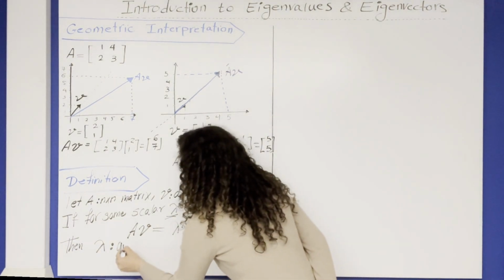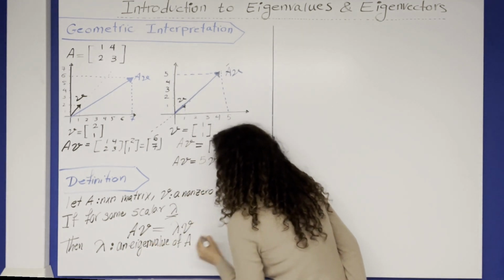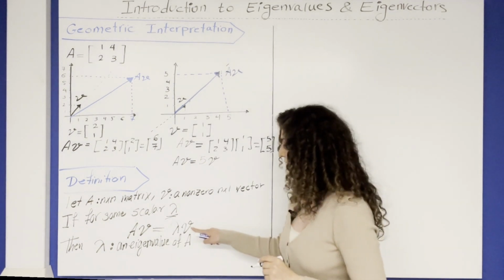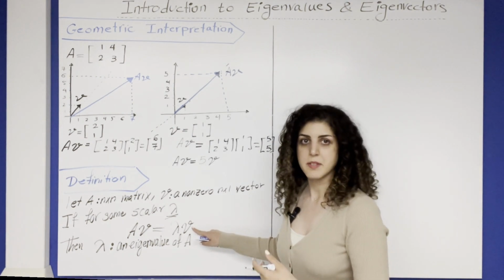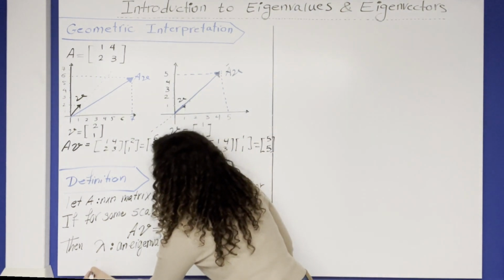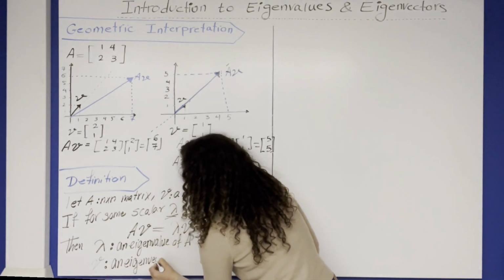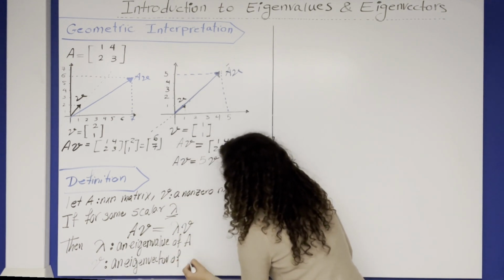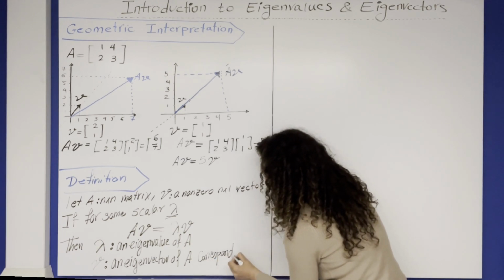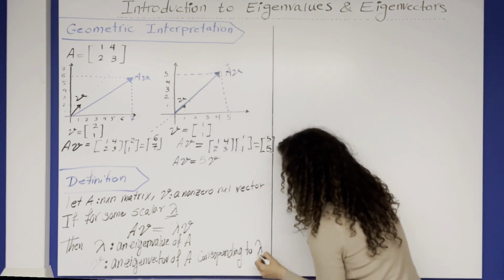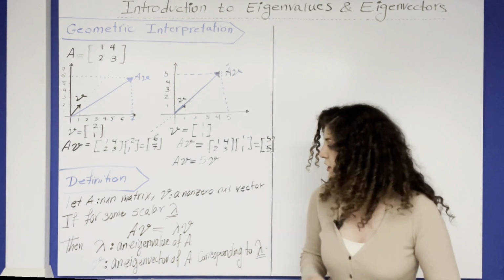So this is an eigenvalue of matrix A, and vector V is called an eigenvector corresponding to lambda. So V is an eigenvector of matrix A corresponding to eigenvalue lambda.